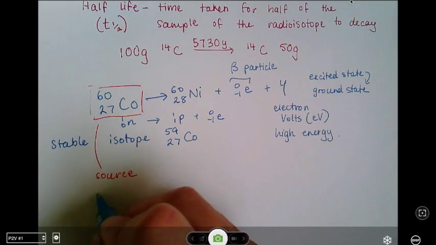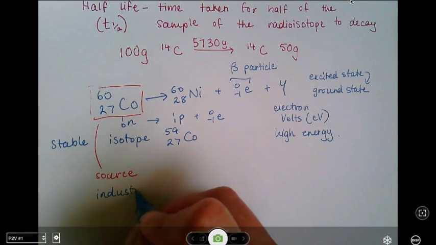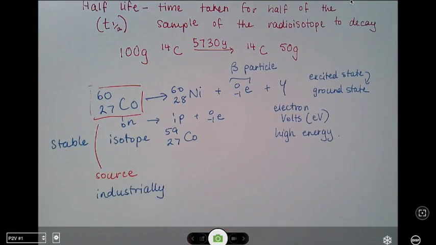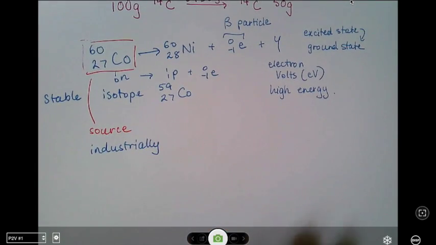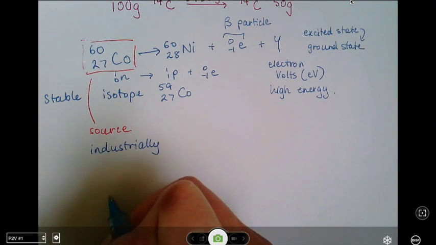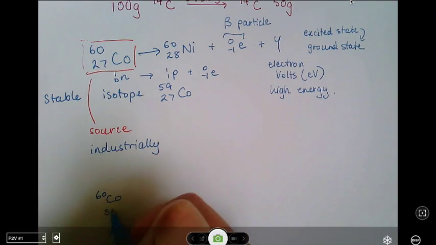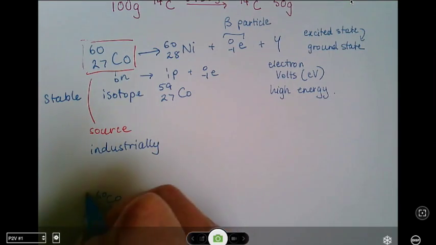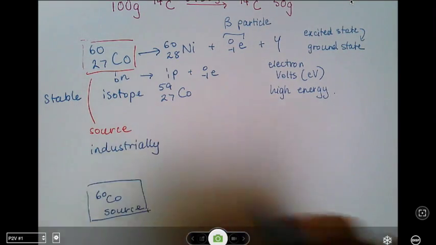Now, industrially, cobalt-60 is used for a wide variety of things. One of the main uses is to detect faults in metal structures. So what actually occurs is that we put the cobalt-60 source, okay, on one side of a particular piece of metal.